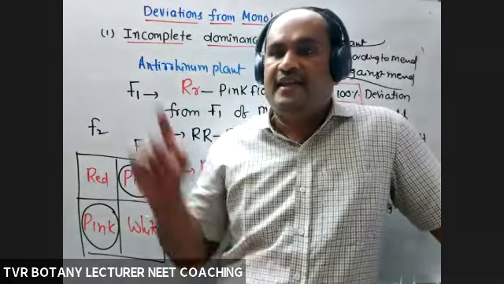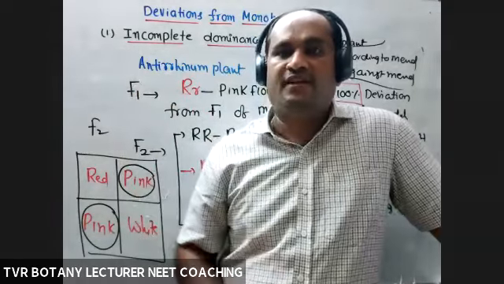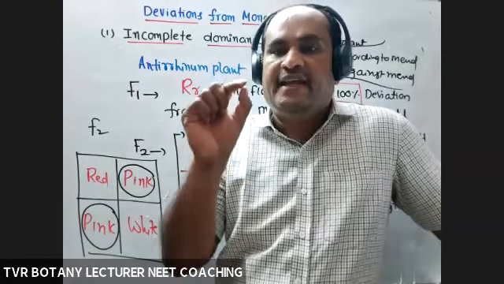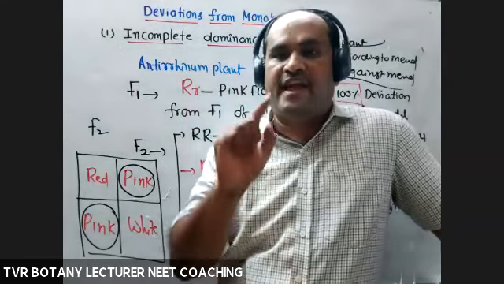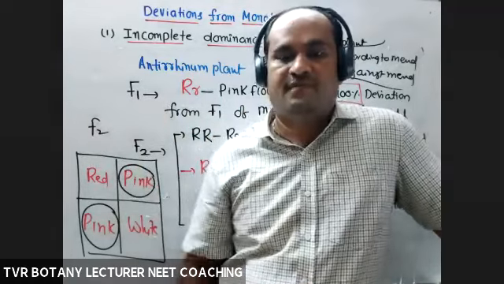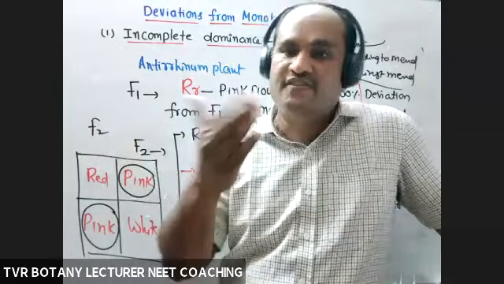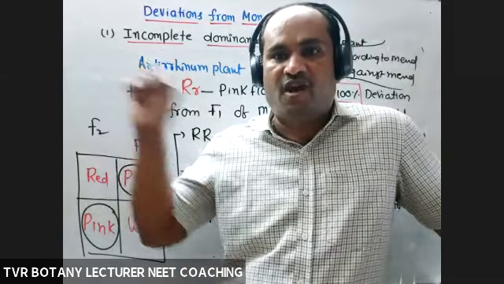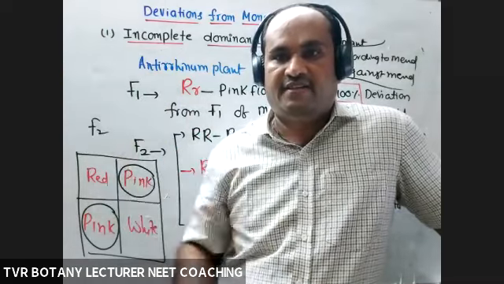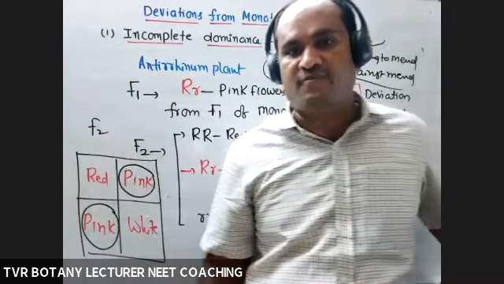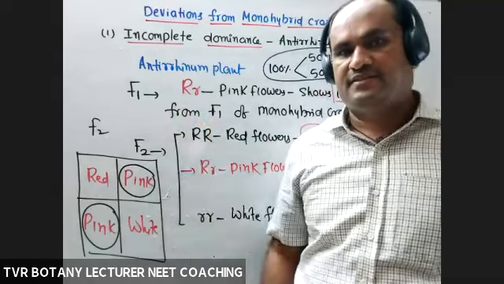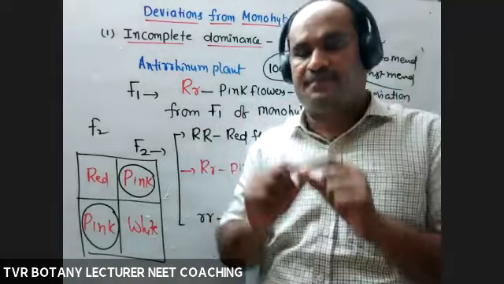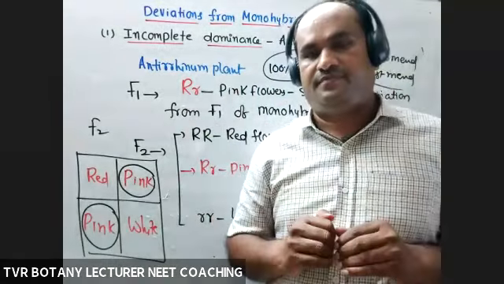So overall, in incomplete dominance of the Antirrhinum plant, phenotypic deviation was in the case of the heterozygous condition only, capital R, small r, in F1. Next, F2, capital R, small r. In F1, capital R, small r, heterozygous, pink. In F2, capital R, small r, pink. So phenotypic deviation in F1 and F2 also.